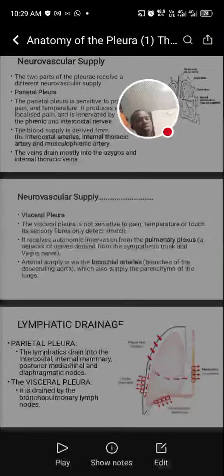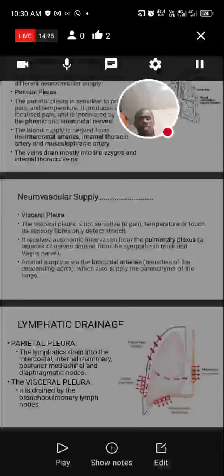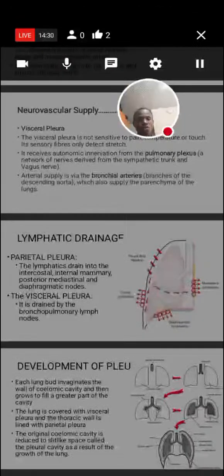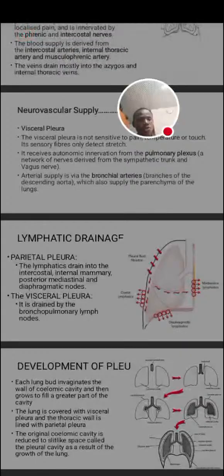Moving away from there, we talk about the lymphatic drainage. The lymphatic drainage for the parietal, and there's the one for the viscera. So parietal drains to the what?